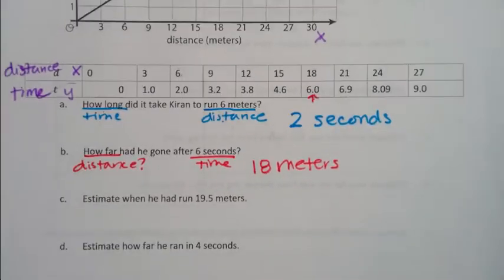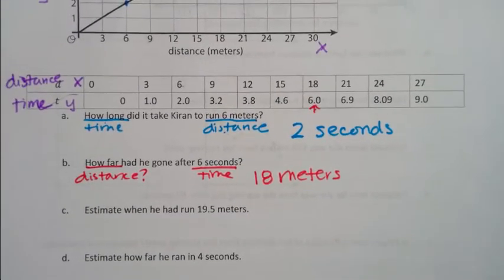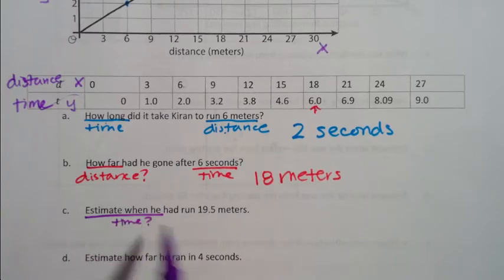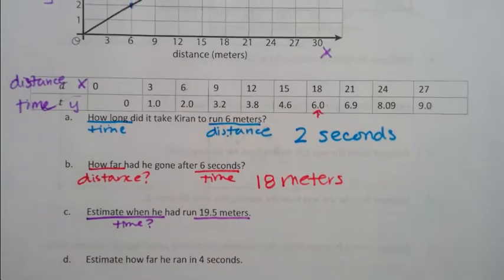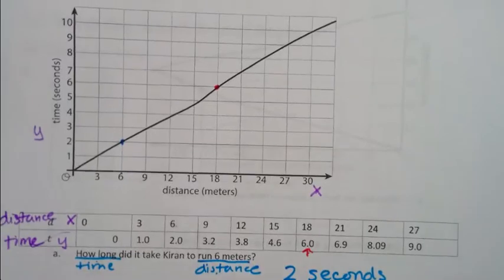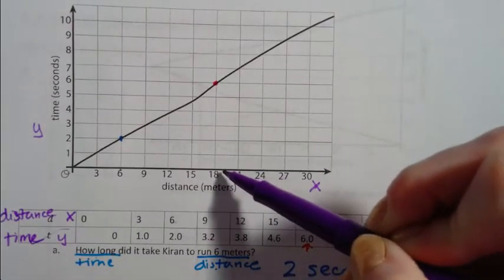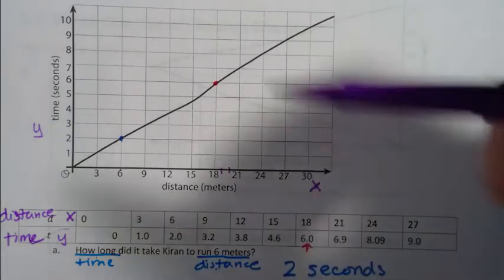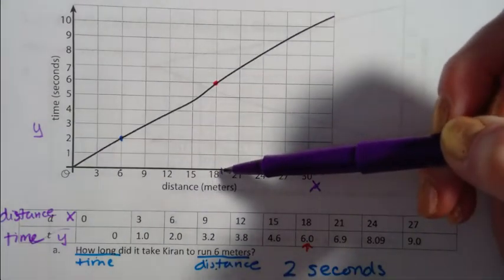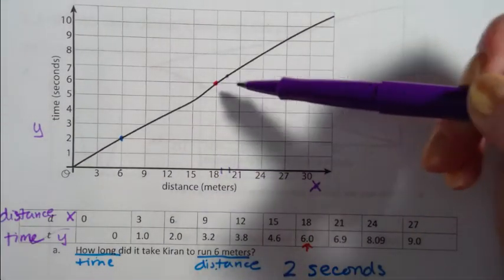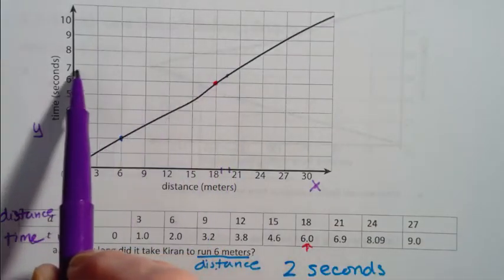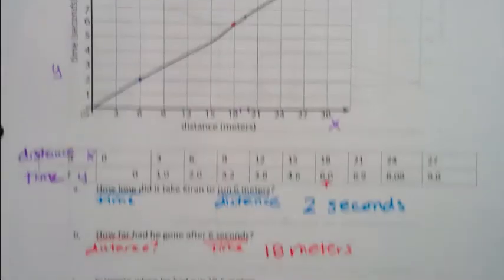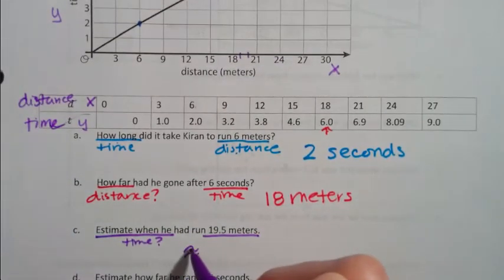Okay, C says estimate when he ran 19.5 meters. So we need to estimate. Here's 18. That might be 19, that might be 20, if I break that up. So 19 and a half would be somewhere around here, which is somewhere between 6 and 7.